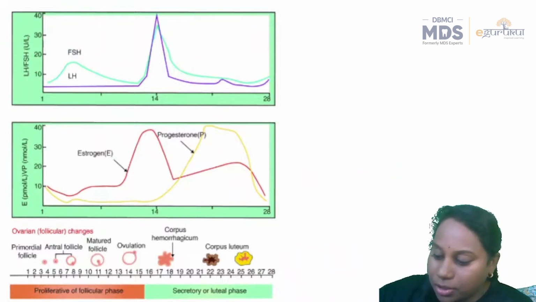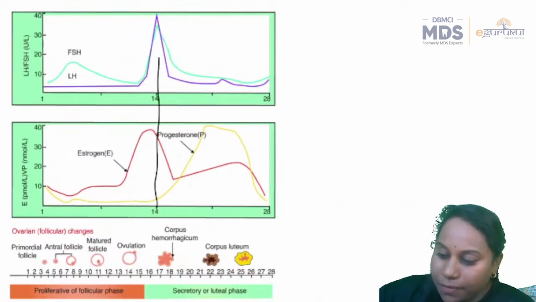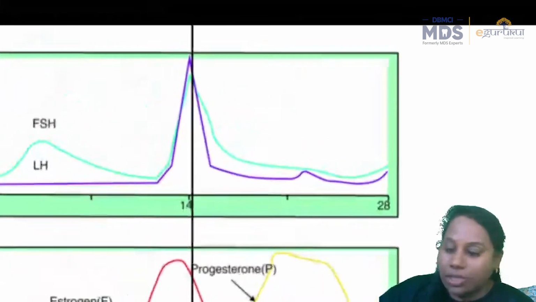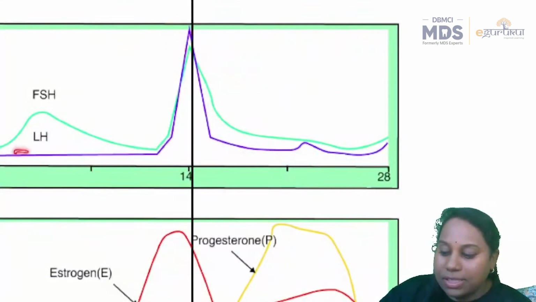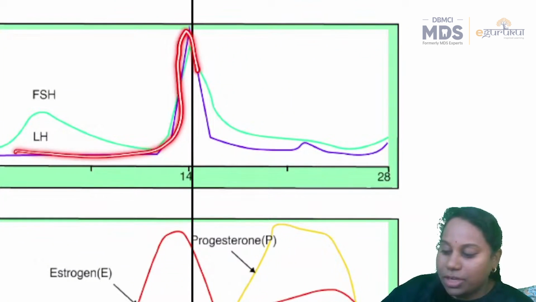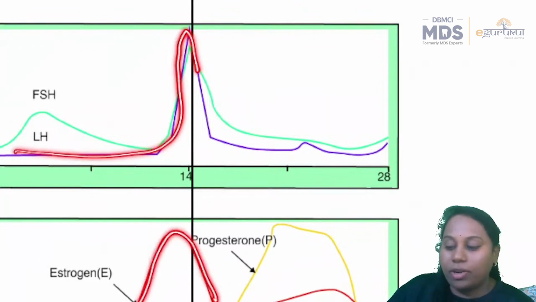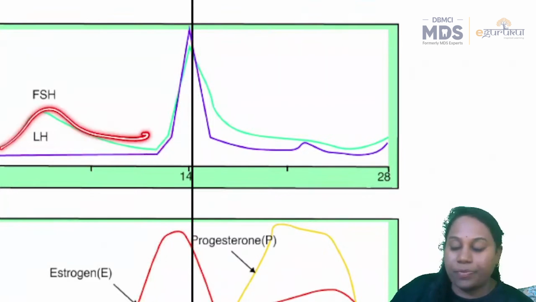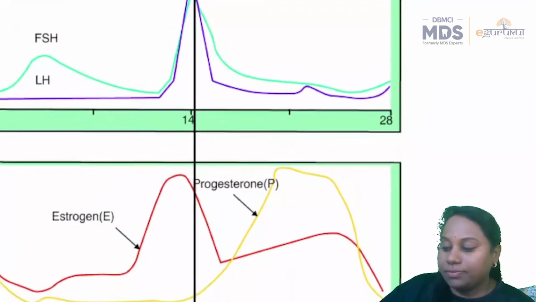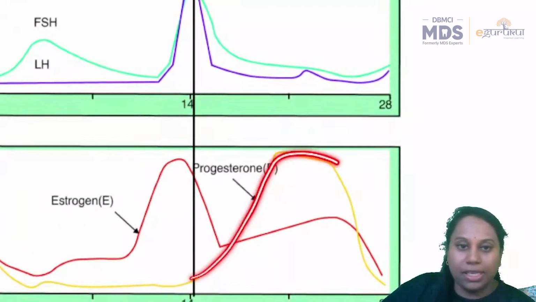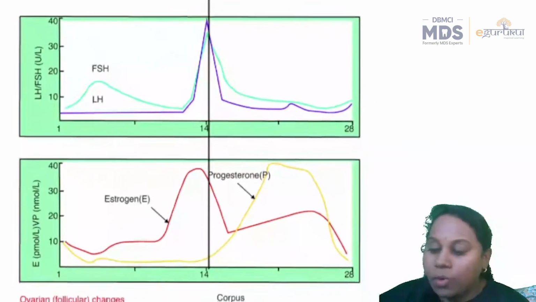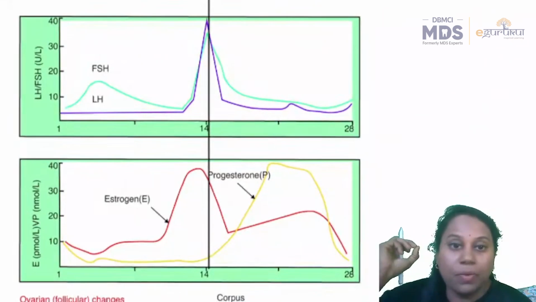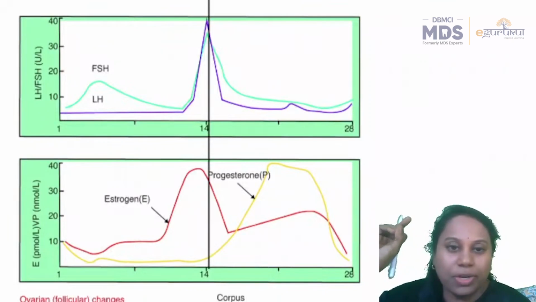On the 14th day, there is ovulation. Just before ovulation, luteinizing hormone levels are increasing, estrogen levels are increasing. Follicular phase, FSH is increasing. After ovulation, progesterone levels are increasing. The yellow one is the progesterone, the blue one is FSH, the purple one is the luteinizing hormone, and the red one is the estrogen.